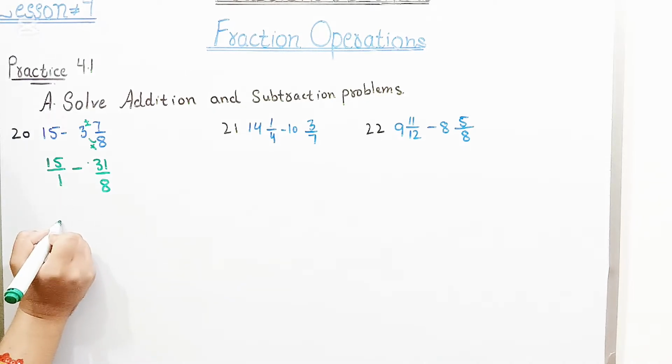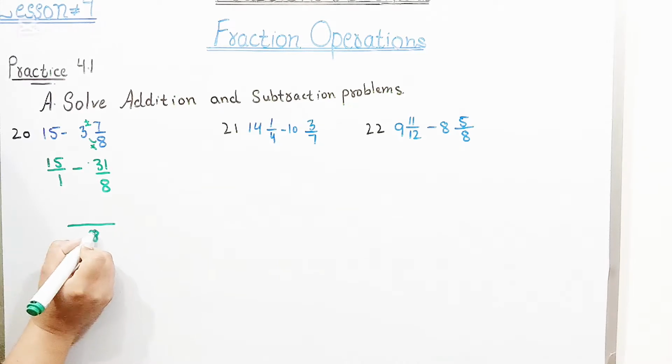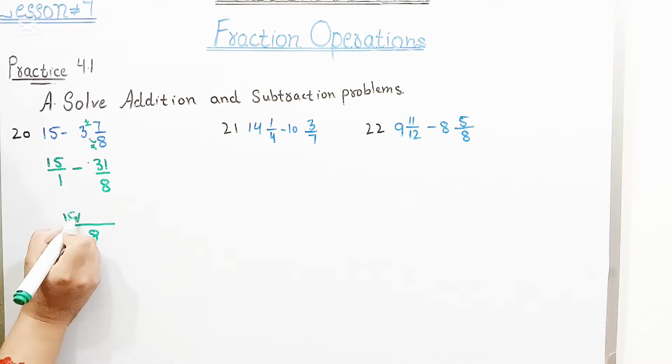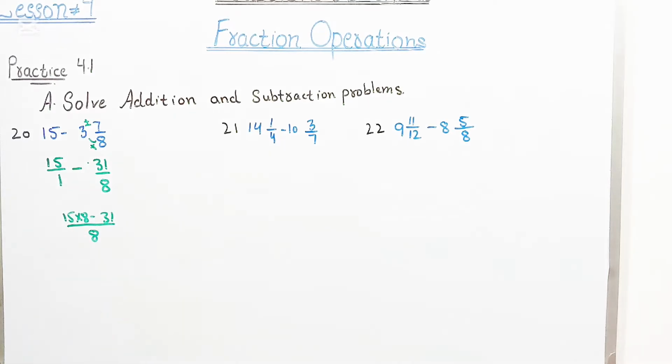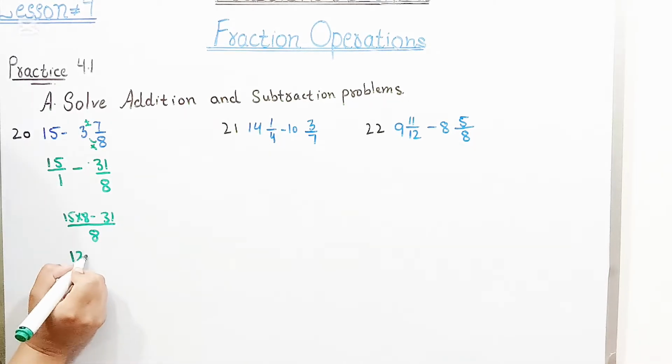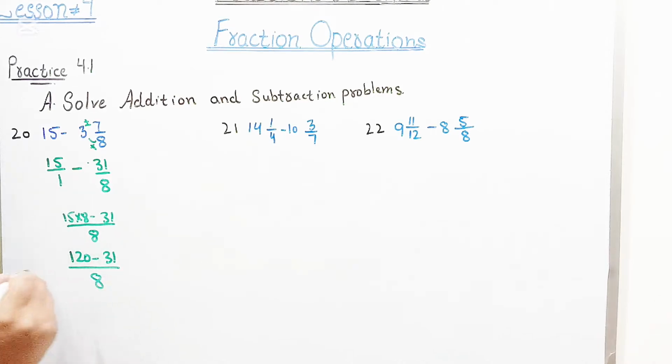So, we will take the denominator 8 because 1 multiplied by 8. 15 multiplied by 8 minus 31, 120 minus 31 divided by 8. 89 divided by 8.